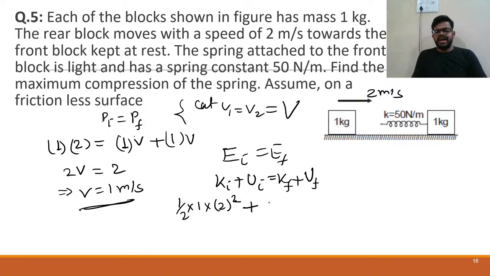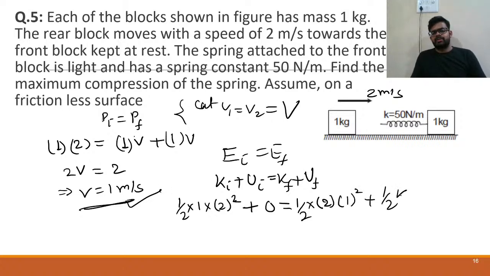Initially the spring was at relaxed state, so 0. Finally kinetic energy is half into m1 plus m2, since both blocks are moving with the same velocity at compression, 1 plus 1 is 2 into v square, and the value of v we got is 1 meter per second, plus half kx square because potential energy will be stored in the spring at maximum compression.